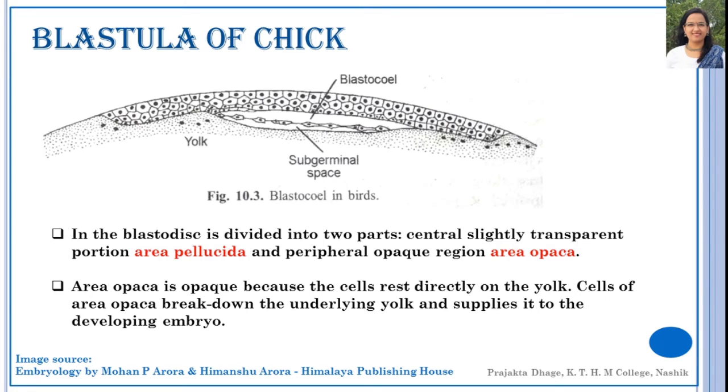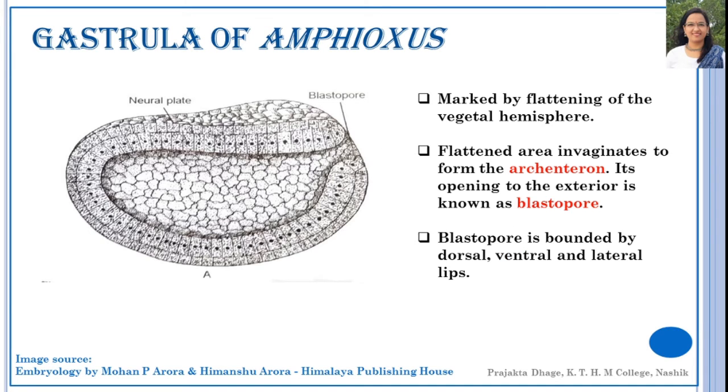So, gastrulation. Gastrulation is a phase that occurs in early development during which the blastula, which generally has epiblast and hypoblast and a hollow sphere called the blastocoel, is reorganized into a multi-layered structure known as the gastrula.